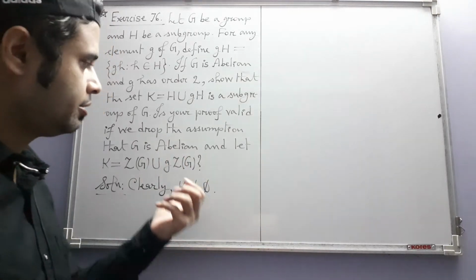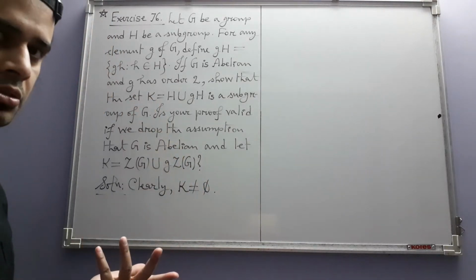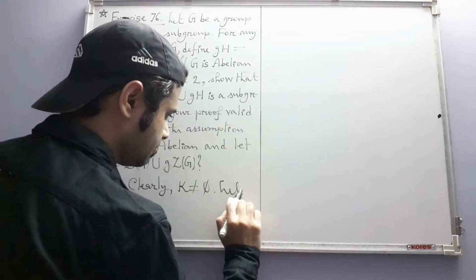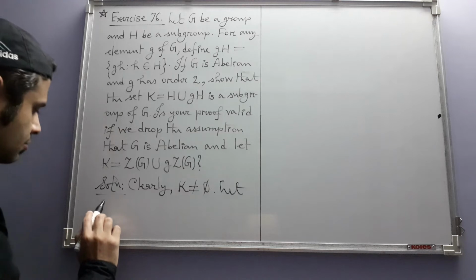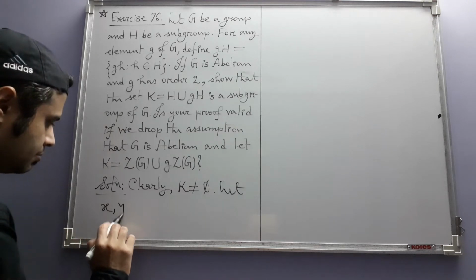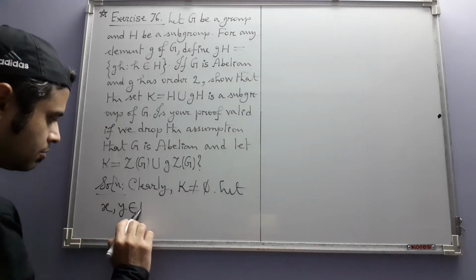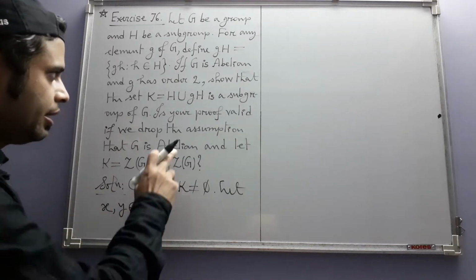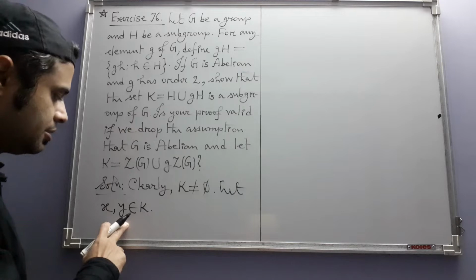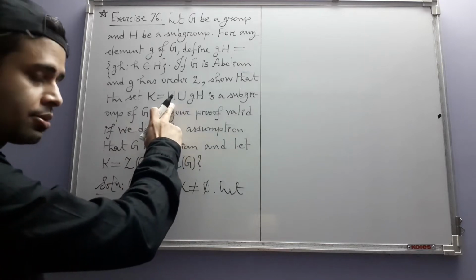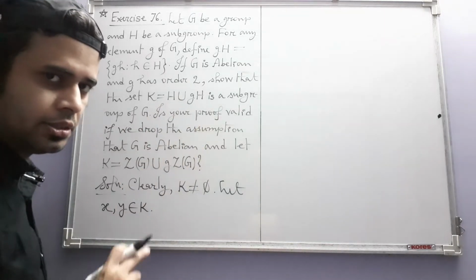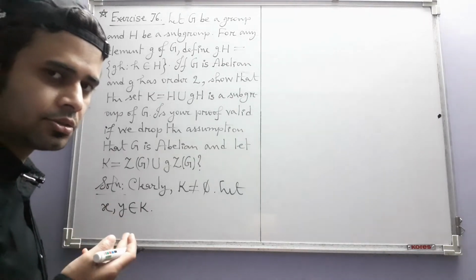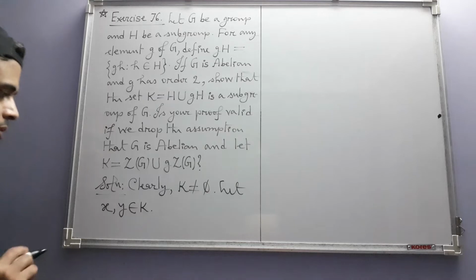So that is non-empty. So that's why K is also non-empty. Let x and y be two elements in K. Now since K is a union, each of these elements belongs to either H or gH. So accordingly some cases arise. So we are now going to look at each case separately.